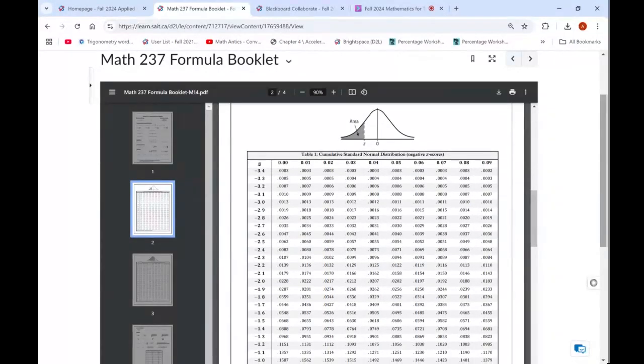So if you see the z-score here, this was the table I was talking about. Z-score starts from 0, and then these all are the probabilities. The numbers which are bold are z-scores, and the non-bold numbers are not the z-scores.